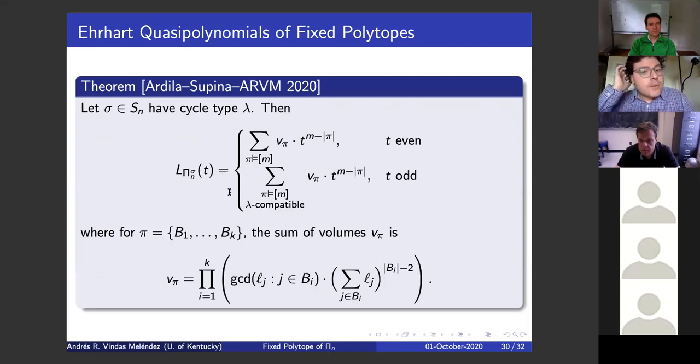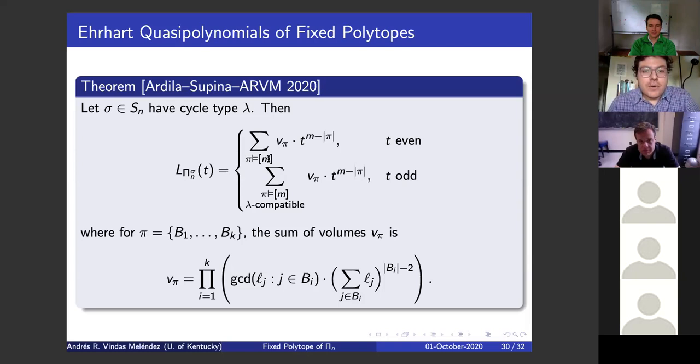And so this is kind of an ugly formula. It's just like on your face, but we were able to give the Ehrhart quasi-polynomial in general. And so we really care about just the set partition of the vertex set.